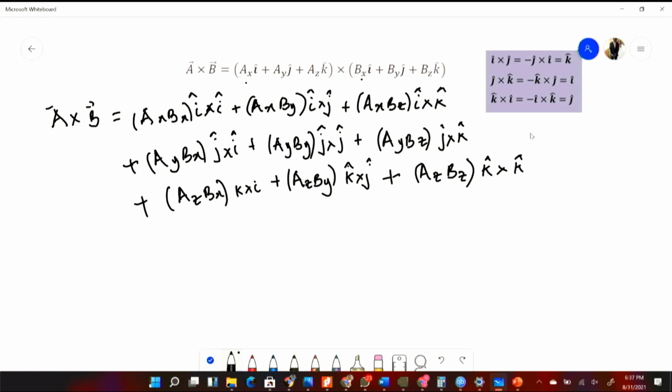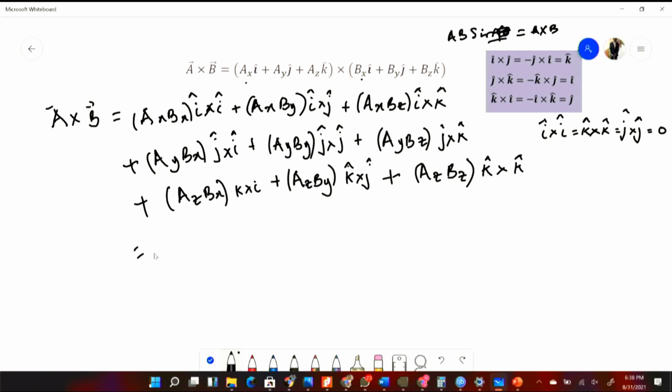Don't forget that we said that I cross I is the same thing as K cross K, and is the same thing as J cross J, and everything equals 0, because sine 90 is 0, because we said AB sine theta is equal to A cross B. So when we have I times I, it is sine 90 degrees, and sine 90 is 0.